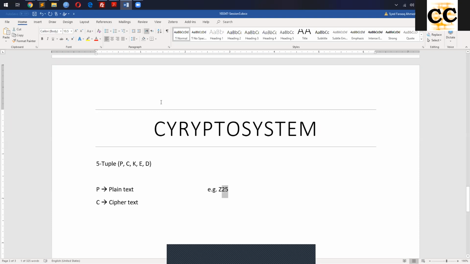And from our previous lectures, you can recall that Z25 is the set of numbers ranging from 0 to 25. Again, this will be the same, Z25. Then we have our key space.